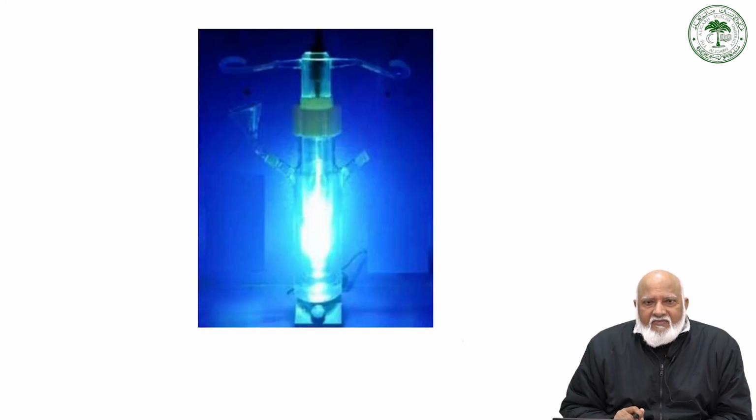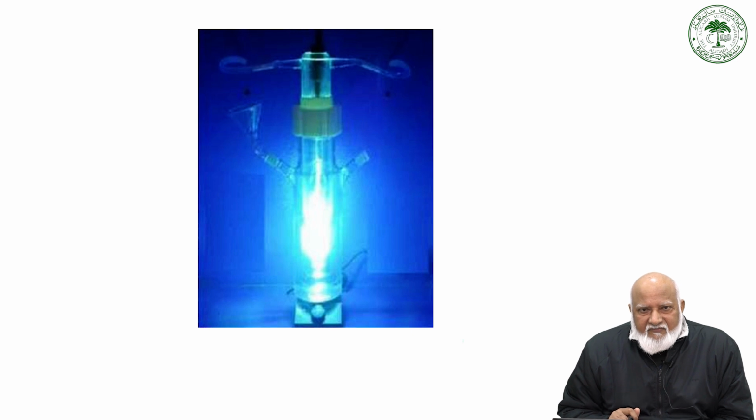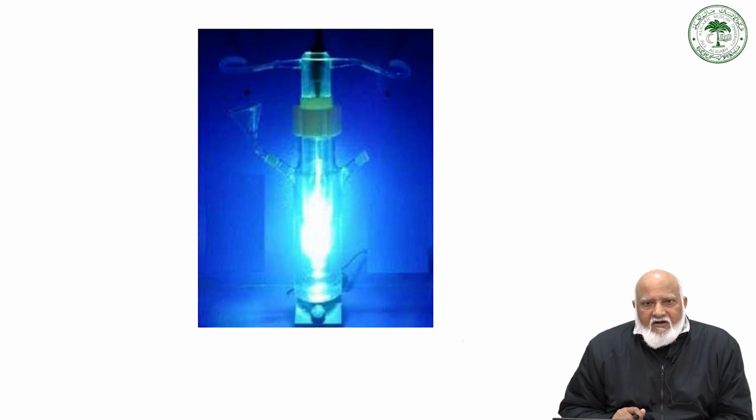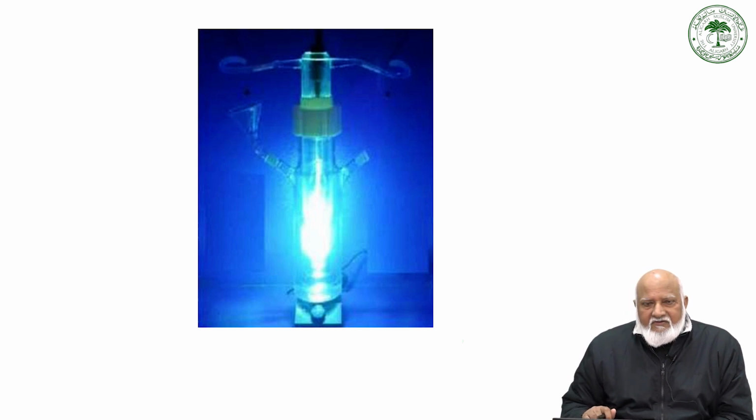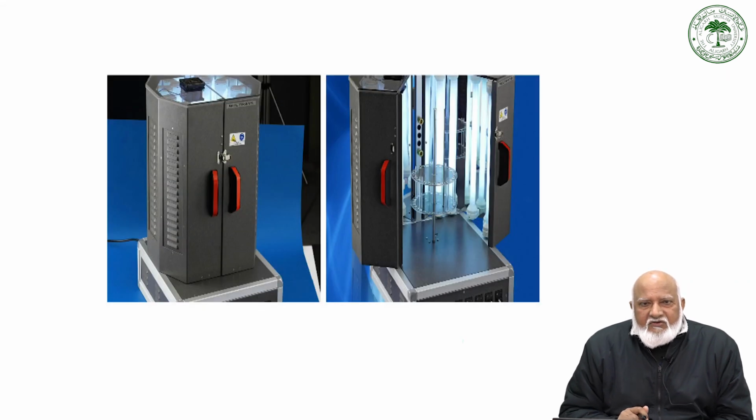This is an immersion well photoreactor with the light on, with water cooling, as well as openings for circulating or bubbling air or nitrogen so that you can carry out the reaction in an inert atmosphere, or if you need oxygen, you can also bubble oxygen.